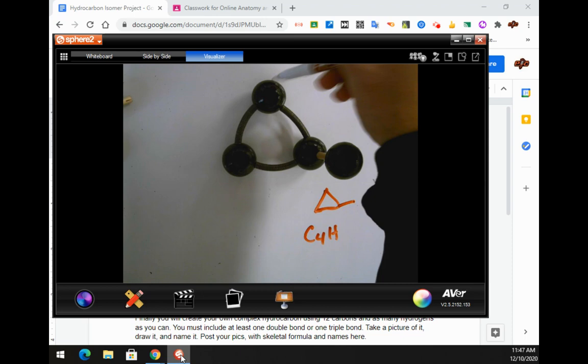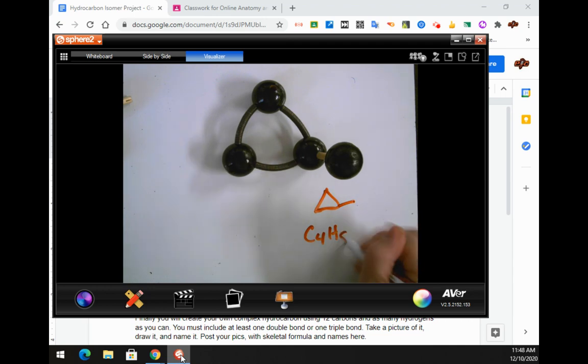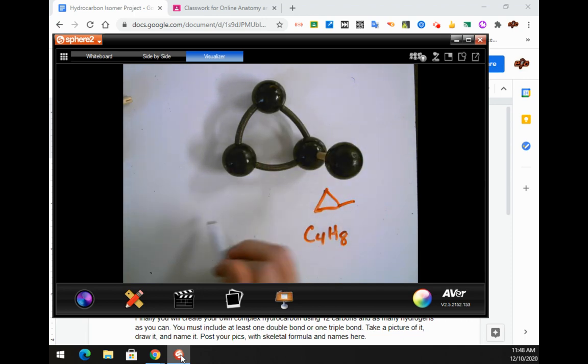There's 2 here, 2 here, and 1 here. There's 2, 4, 5, 6, 7, 8. If my math is right. 3, 4, 5, 6, 7, 8. I get 8. And then our name for this is going to be cyclopropane.